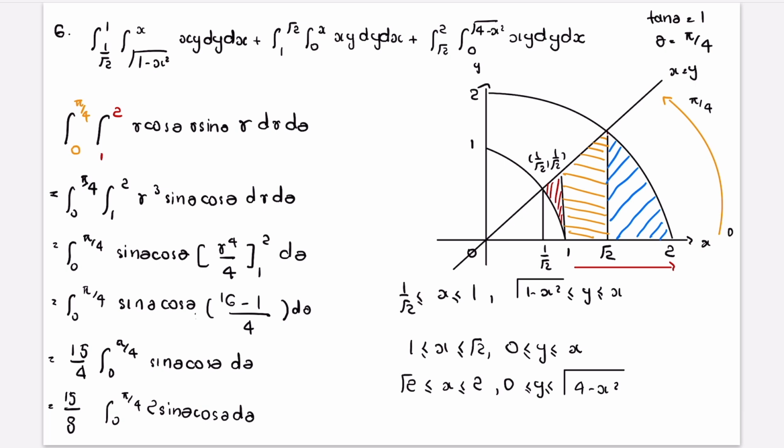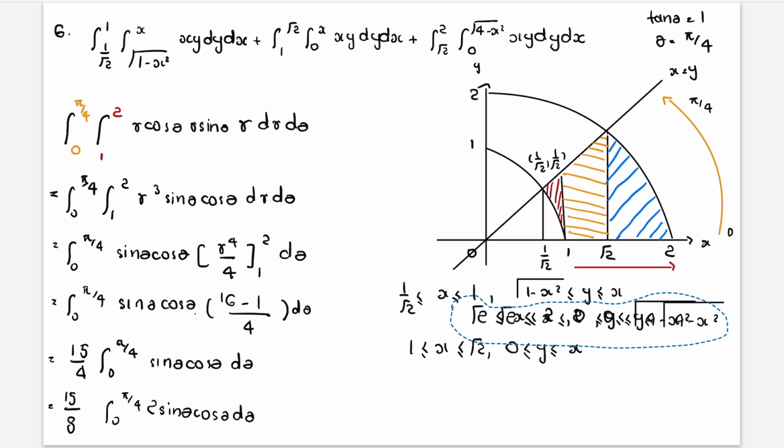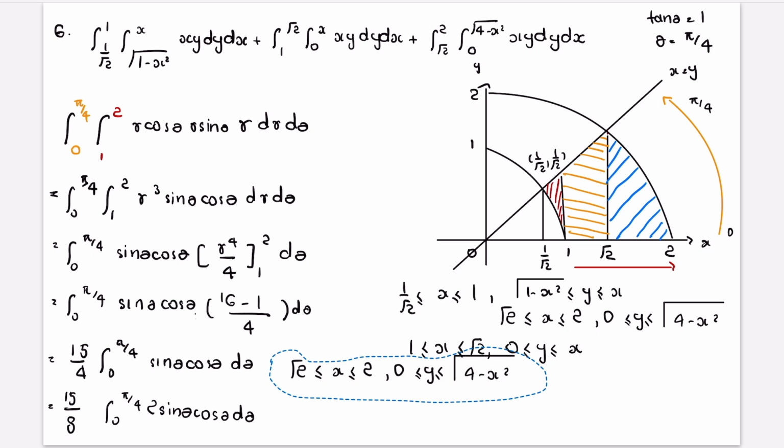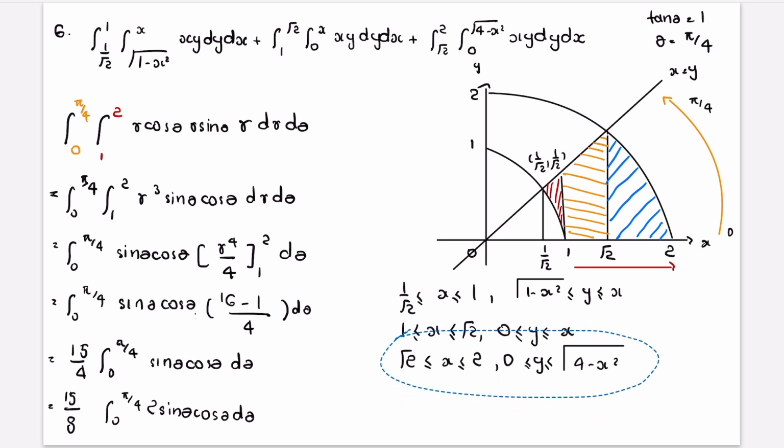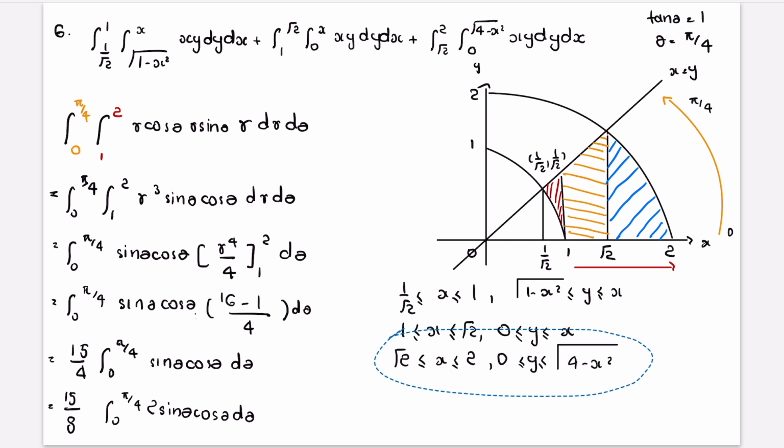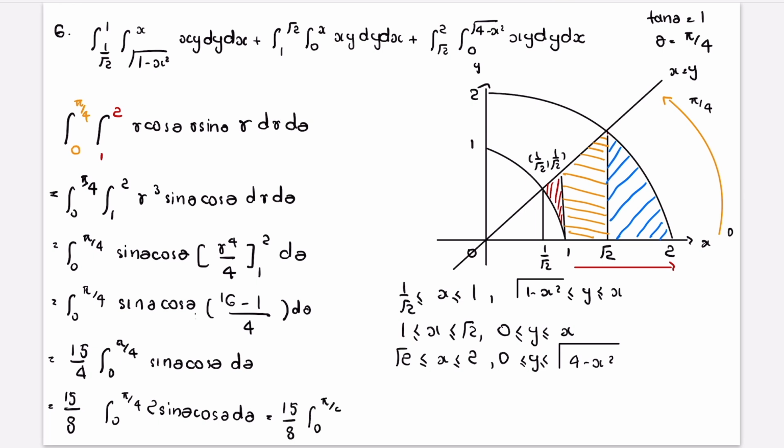It is sin 2 theta. So now we can integrate sin 2 theta.